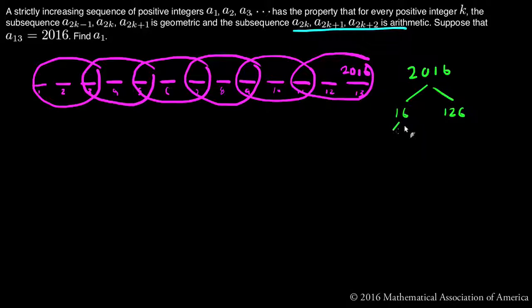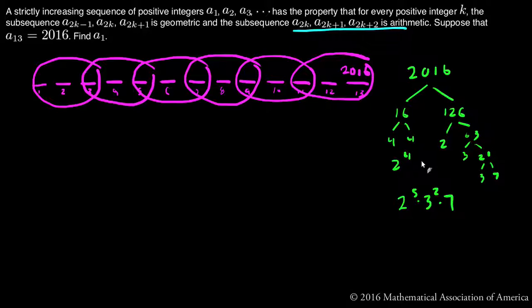You have some time for this, so 16 is 4 times 4. I could even jump to 2 to the 4th here, so I'll write that. 126, well, we get a 2 times 63. 63 is 3 times 21. 21 is 3 times 7. So I end up with 2 to the 5th times 3 squared times 7.